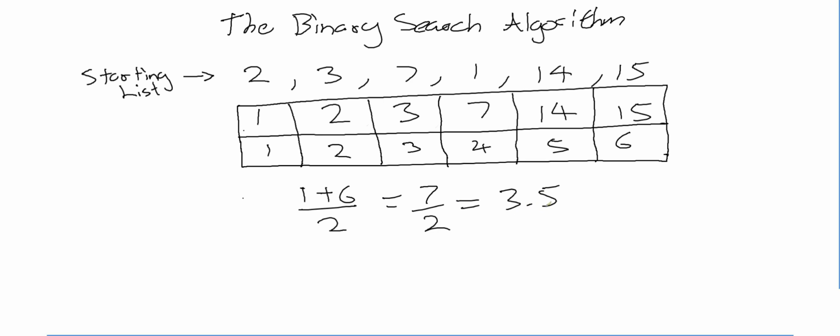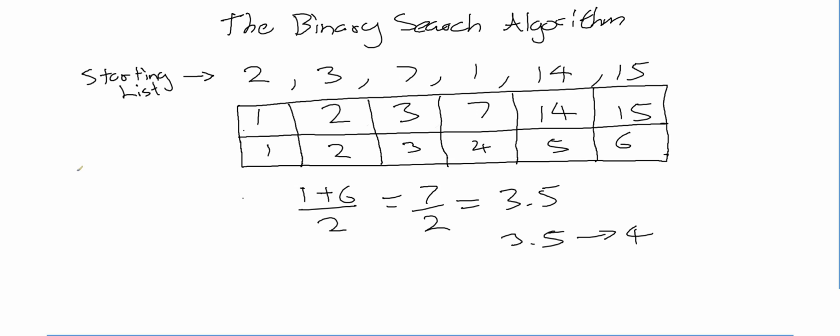We've got to round this to a whole number for it to be useful in this circumstance, so 3.5 rounds to 4. This gives us a list item to inspect to see if it is the one that we're searching for.